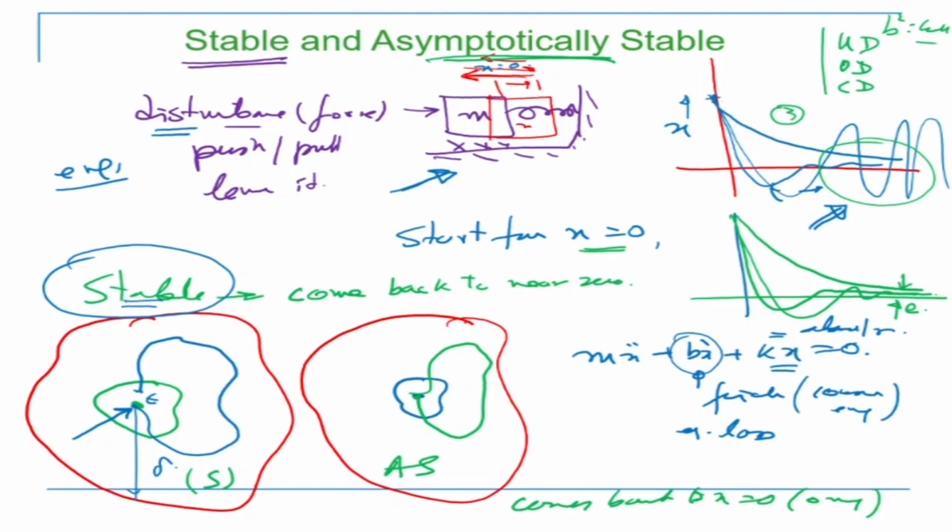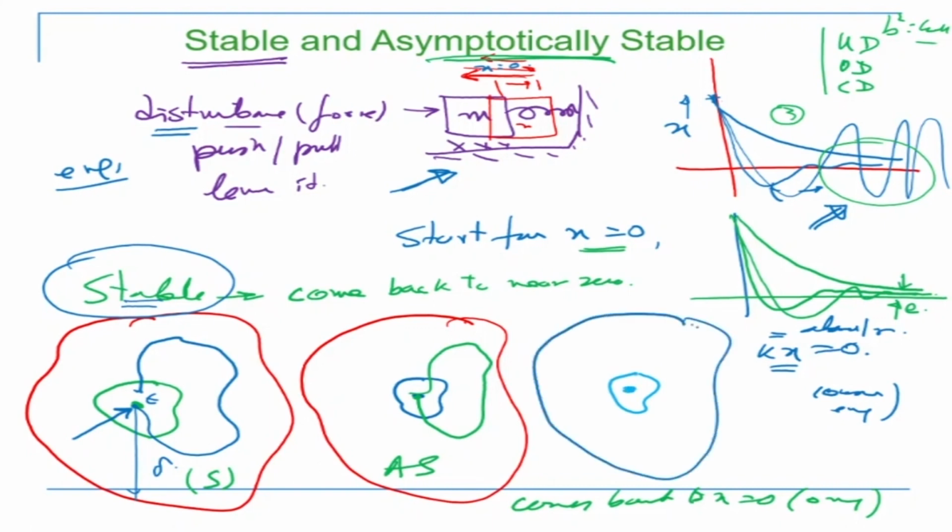Now there is another term, which is called unstable. I'm drawing the same analogy. We have a small region in there and a larger region outside. I give it a push, meaning I give it energy, and it goes off somewhere else.